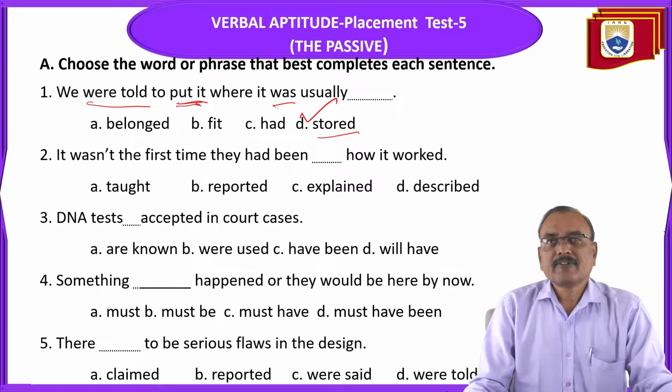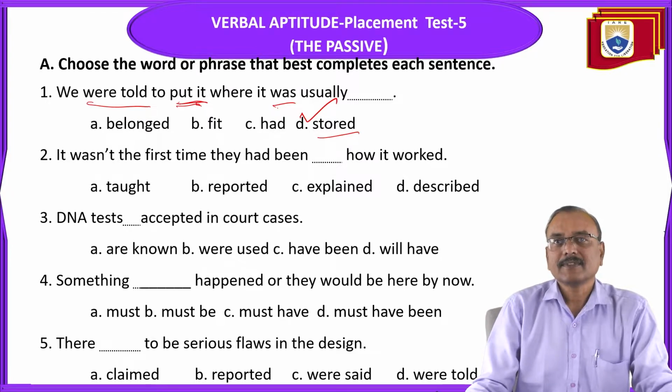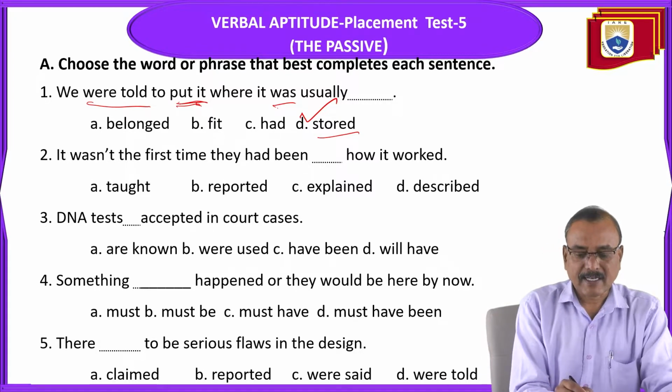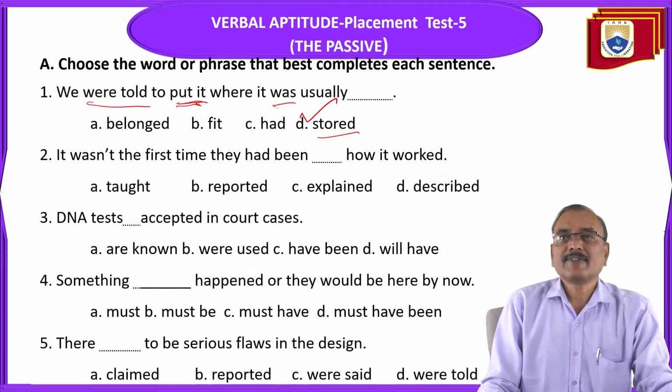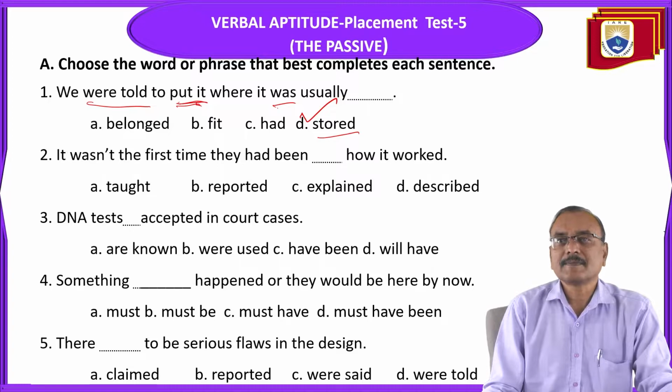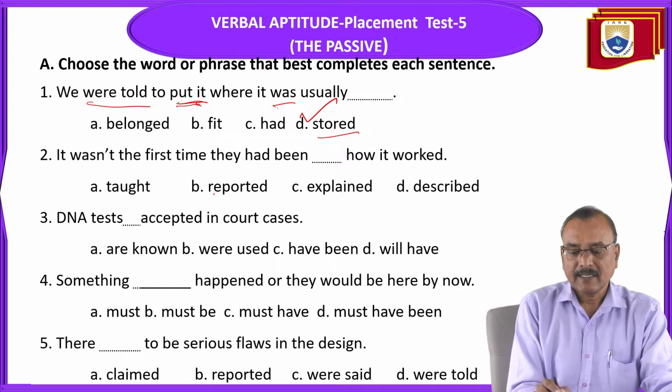Second one, it wasn't the first time they had been dash how it worked. So it wasn't the first time they had been taught, okay, right. Reported is not the correct option. Explained here, how it worked, explanation or teaching here. Description is also not correct here.